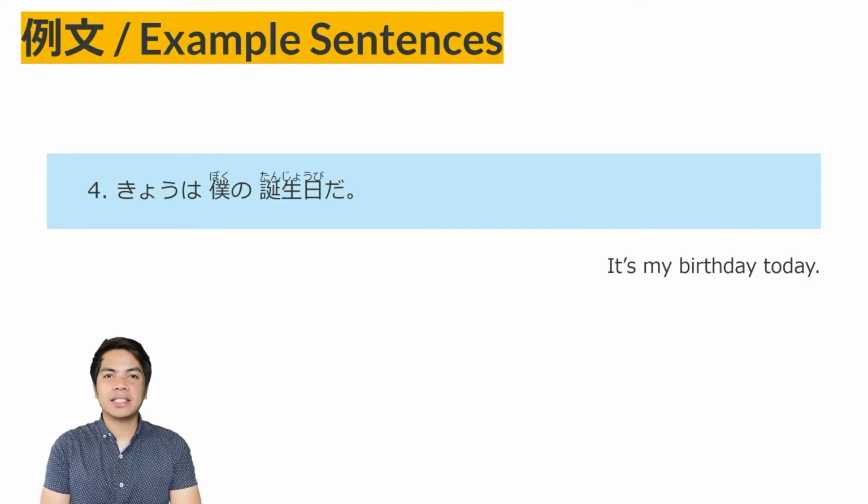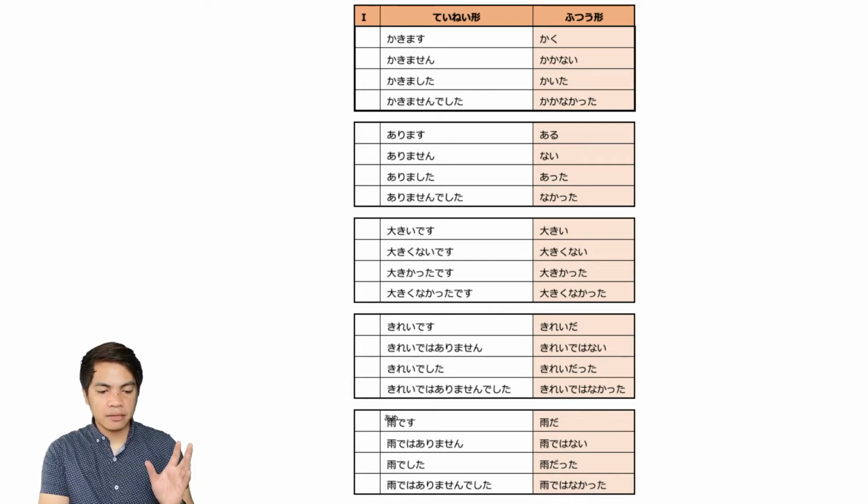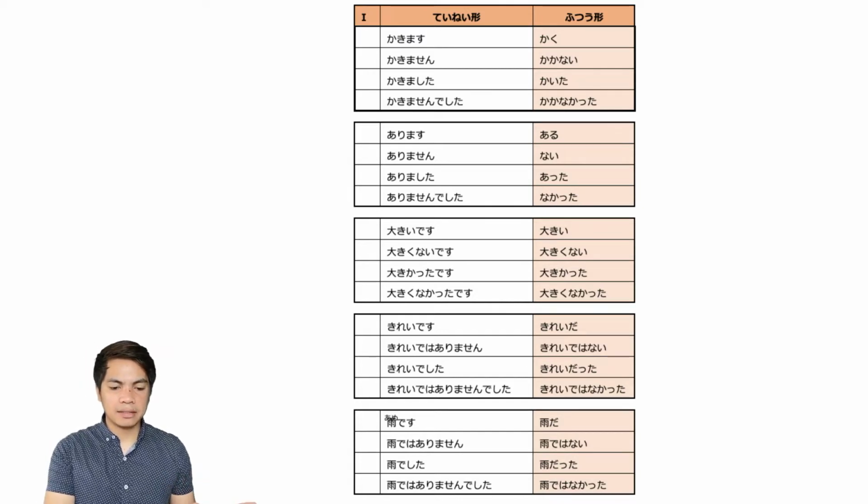Let's jump to exercise A. In exercise A, we have an illustration from the polite style sentence of verbs, adjectives, and nouns, and the futsuukei or the plain style. Let's start from the verbs.